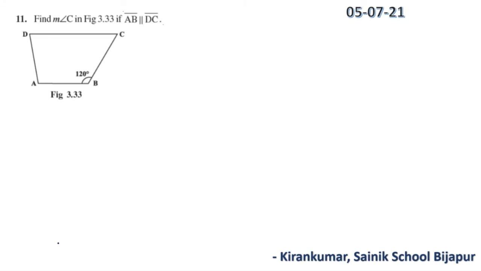Question number 11. Find the measure of angle C if AB is parallel to DC. Since AB is parallel to DC, we have the co-interior angles.